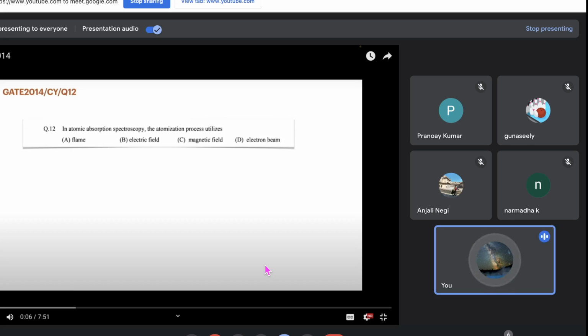Also in the GATE portal itself, if you go and watch the video solutions, there is a section where you can choose chemistry and then go for the video solutions, and there you can choose the year. I think 2020 or 2022 is uploaded or in process, because videos are already prepared by each instructor that we were assigned.